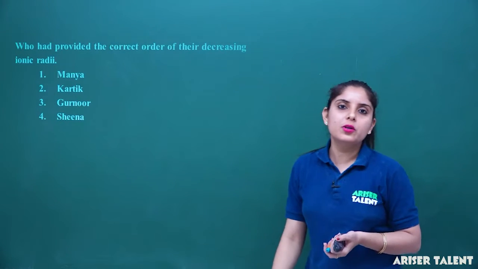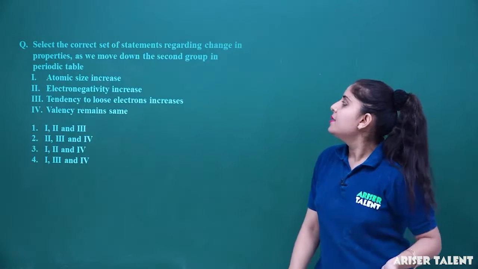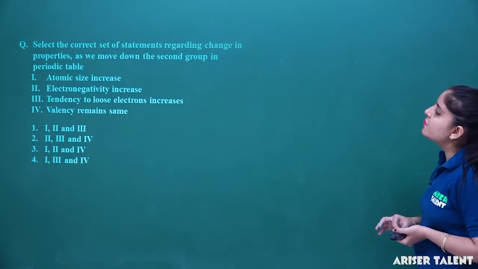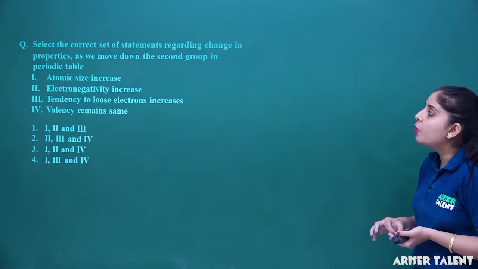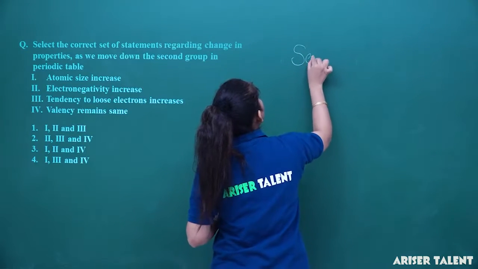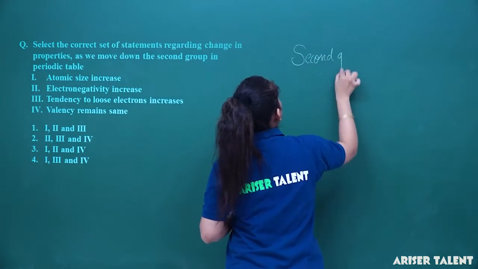We have discussed Gurnur is the right answer here. Select the correct set of statements regarding the change in the property as we move down in the second group of the periodic table. So what we are doing, we are moving in the second group of the periodic table.